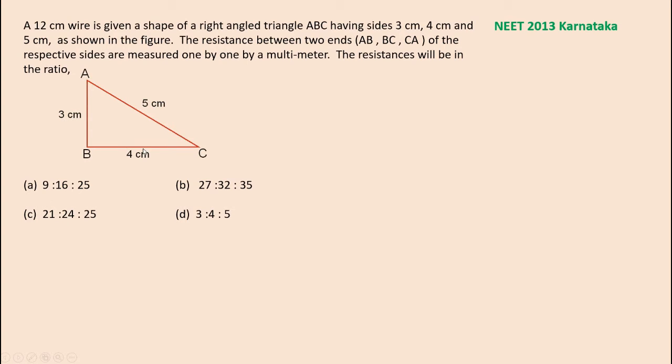Then this part will be 4 ohm, this part will be 5 ohm. If you take it as 6 ohm, then this will be 8 ohm, this will be 10 ohm, because we have to consider the proportional nature. But to make things simpler, let's say AB has a resistance 3 ohm, BC has a resistance 4 ohm, CA has a resistance 5 ohm.